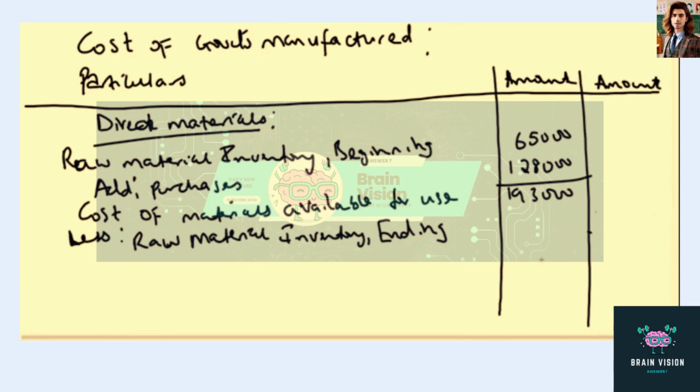The raw materials inventory ending is 34,000. So the subtraction of that is what's going to give you 159,000. And then that is your cost of direct material used.